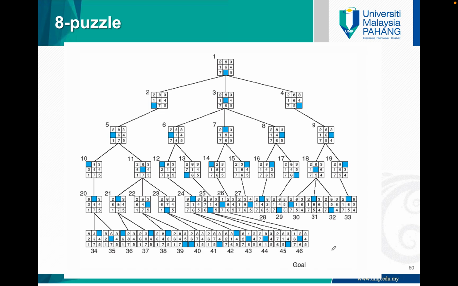So here is 0, here is 1, and here is limit equal to 2. The question wants you to give the sequence of visited nodes when you use DLS with limit 2.